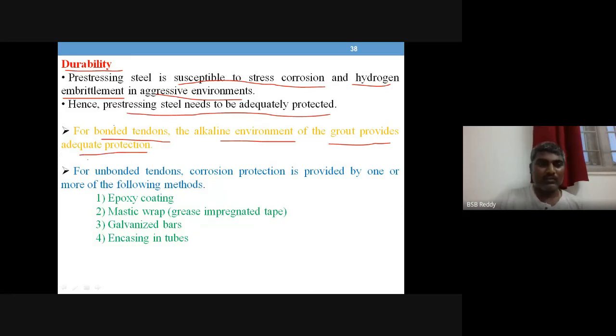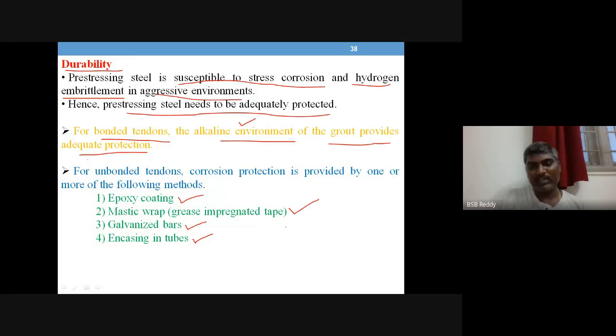This is the prime need for us. Other options are epoxy coating, galvanized bars, encasing in tubes, and mastic wraps.